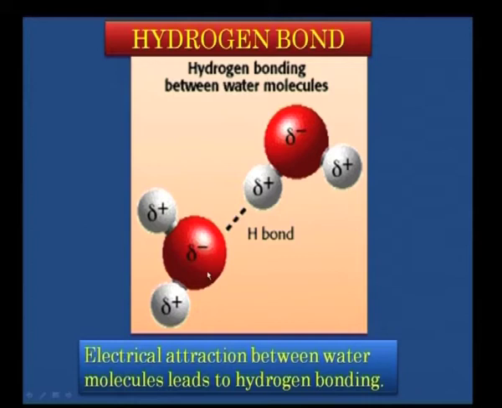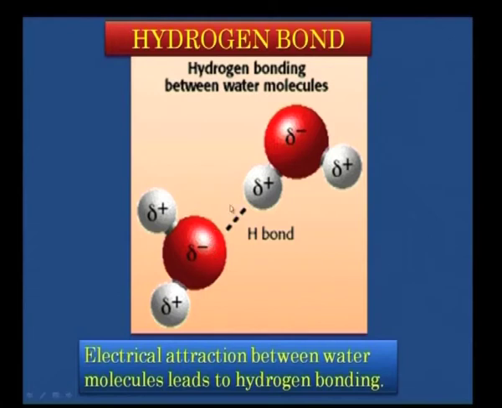As I told you, this region remains exposed, because the electrons here are shared in the covalent bonding between hydrogen and oxygen. You do not have hydrogen atoms on this side. So, this region is completely exposed, and so this will be more negative.